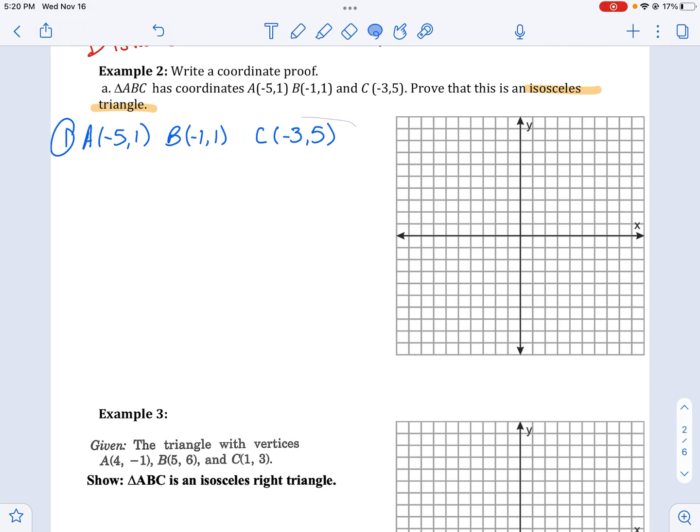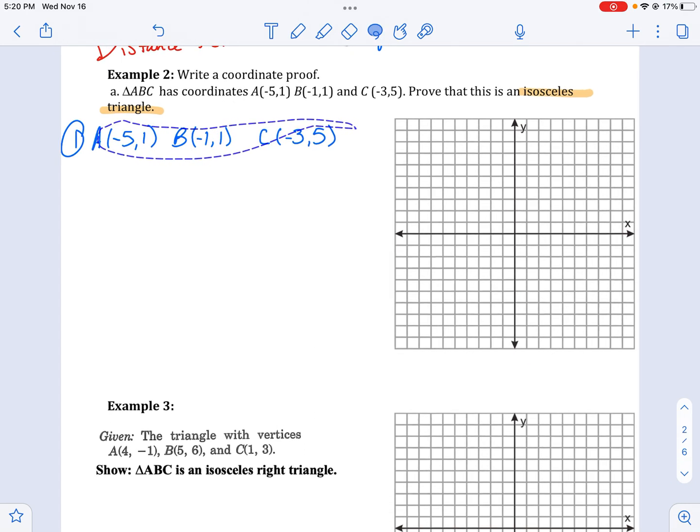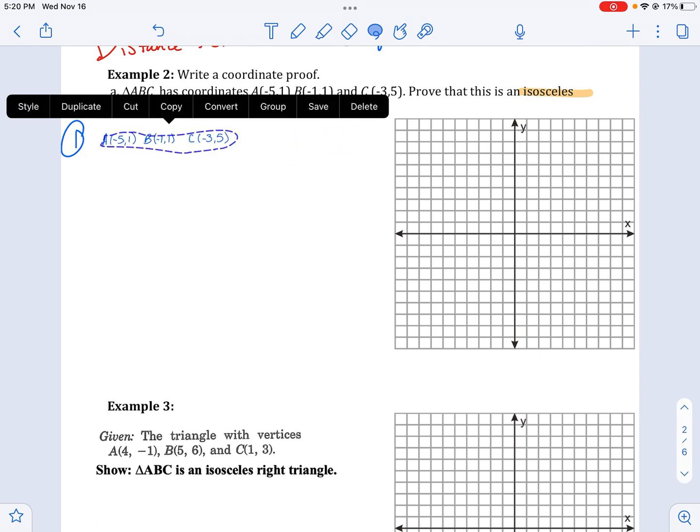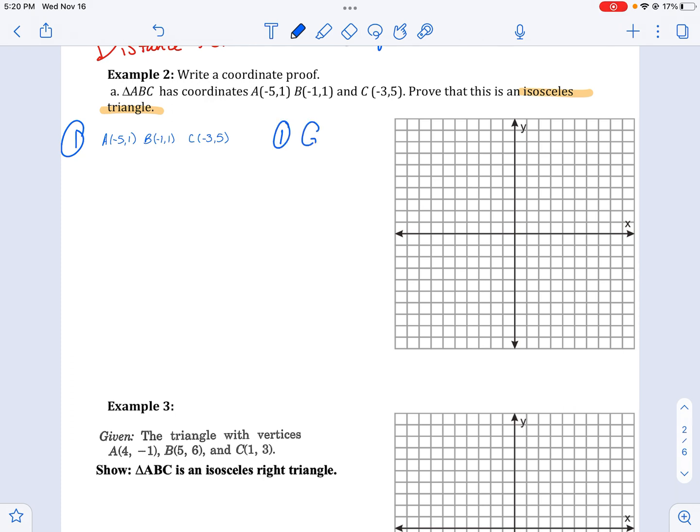And I want to prove that it's an isosceles triangle. So that was my given statement. I'm going to shrink this down a little bit in size.